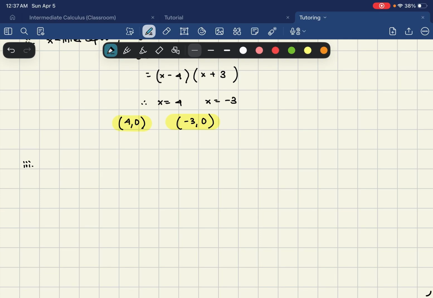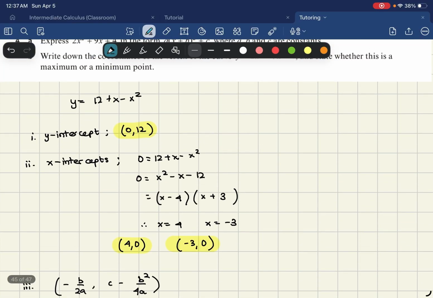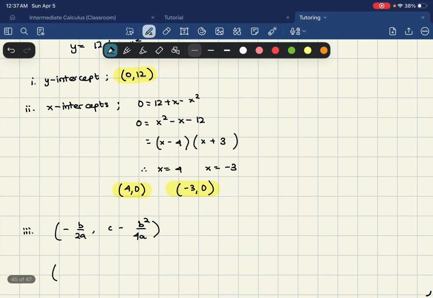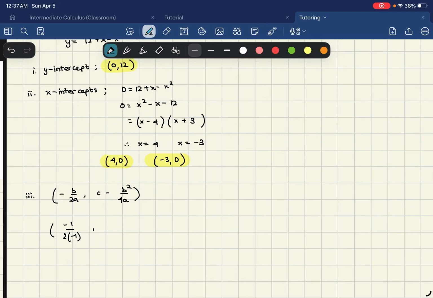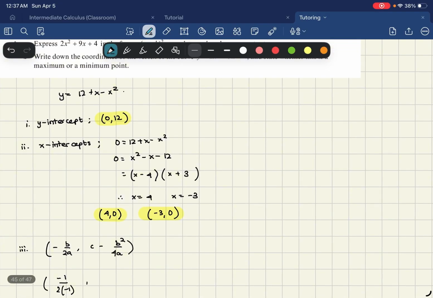Now let's find the vertex. The vertex is at minus b over 2a, comma c minus b squared over 4a. That is something that we previously derived, or you can use the average method. So minus b over 2a. Remember, you want to rearrange this in terms of decreasing power if you're confused.